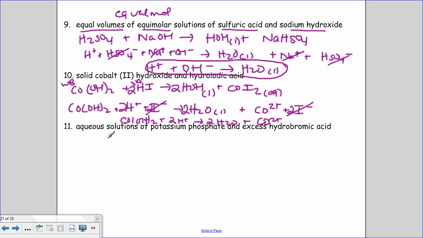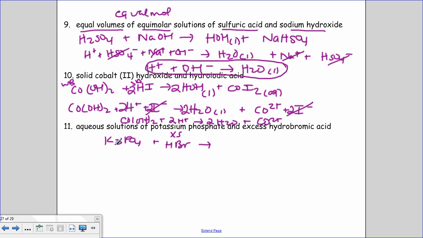Alright, so aqueous solutions of potassium phosphate and excess hydrobromic acid. Okay, this is important because when we say excess, it usually indicates that you're going to have a lot more than you need. So if there's any extra neutralization or extra reaction that needs to occur, there's enough hydrobromic acid to do the job.